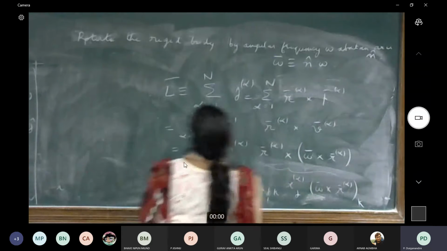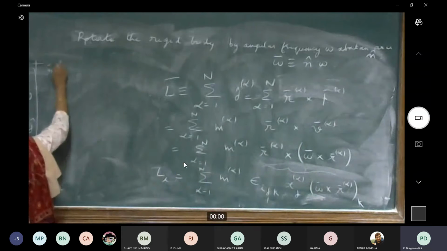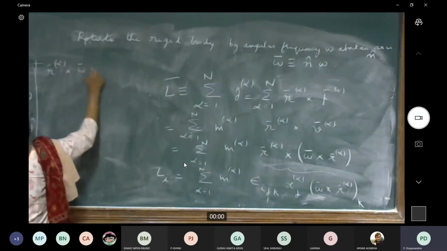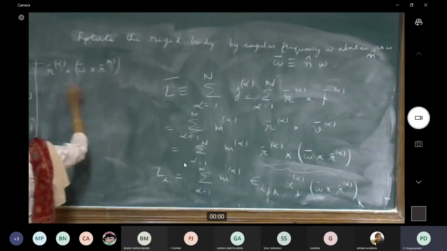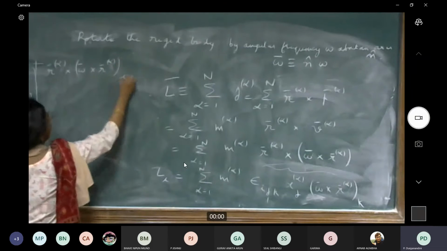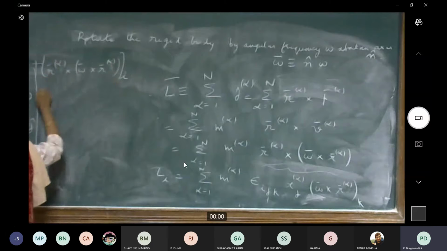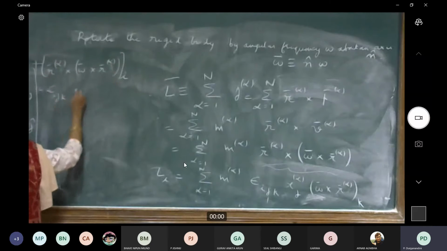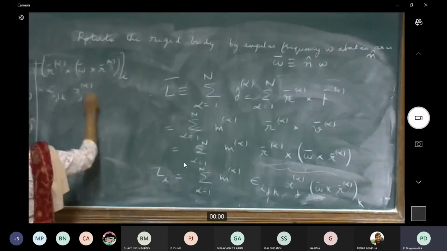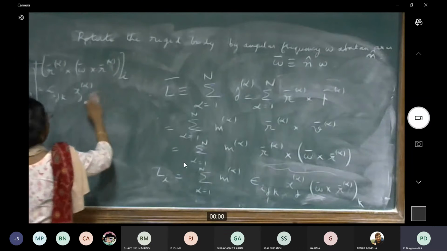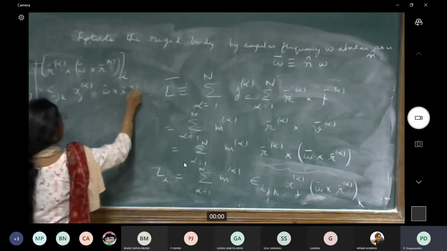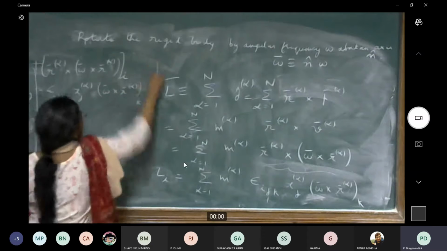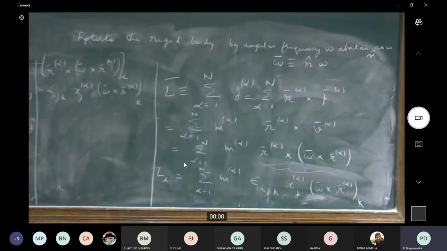Let me simplify this first. If I look at the ith component of r alpha cross omega cross r alpha, it will be epsilon ijk xj alpha times the kth component of omega cross r alpha. This is the same thing which we did earlier in the class today.